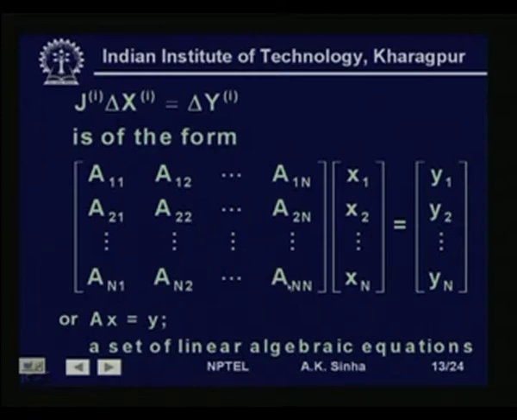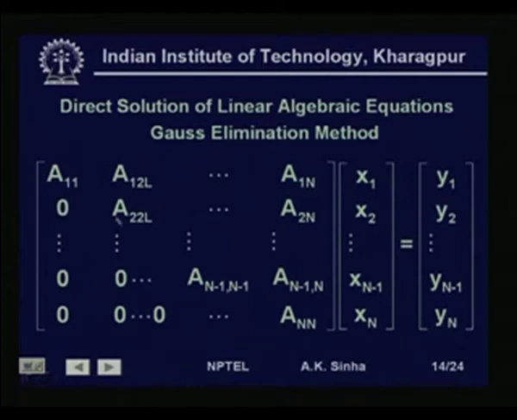That is, all the elements below the diagonal A11, A22, ANN are made 0. So, all the elements A21 up to AN1, then A32 up to AN2, and so on, all these will be made 0. If we can do that, then we get an upper triangular matrix as shown here, where all the elements below the diagonal are 0.